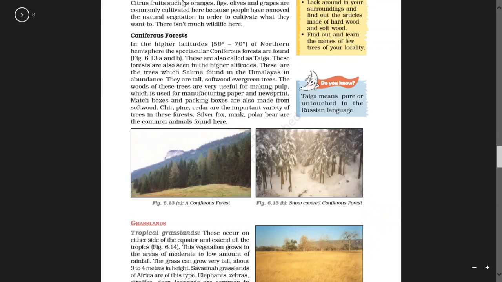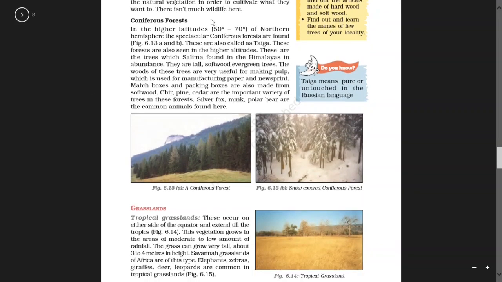Then coniferous forest. In the higher latitudes, that is 50 degrees to 70 degrees of the northern hemisphere, the spectacular coniferous forests are found.